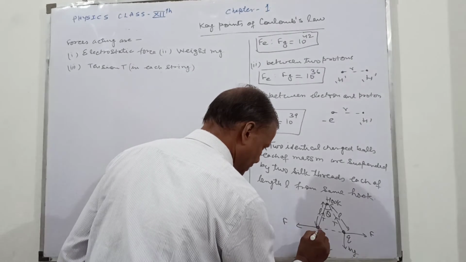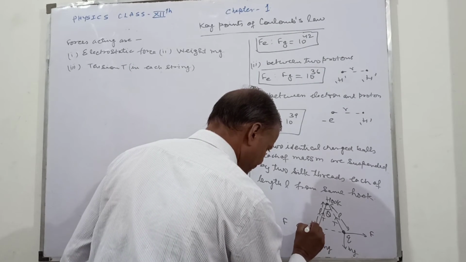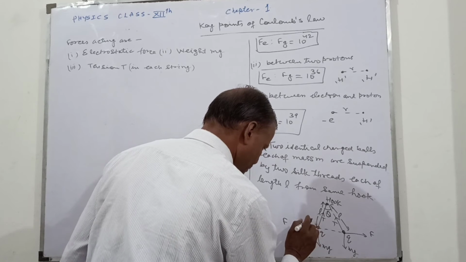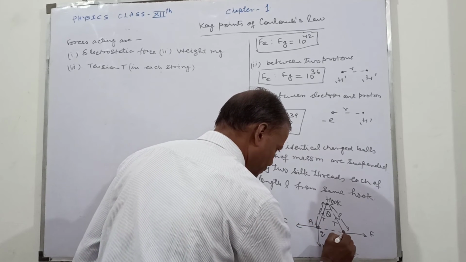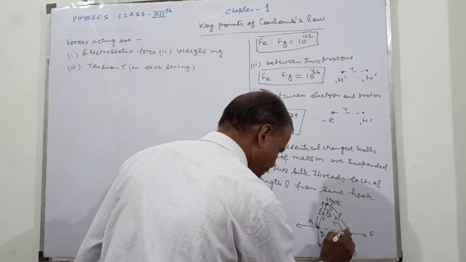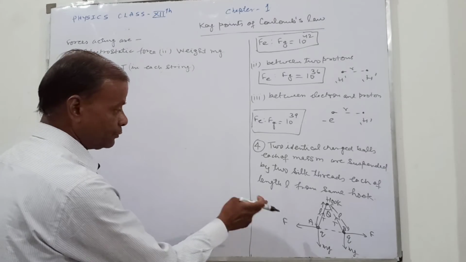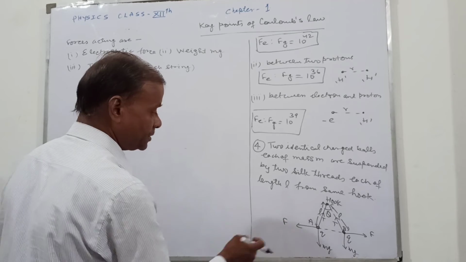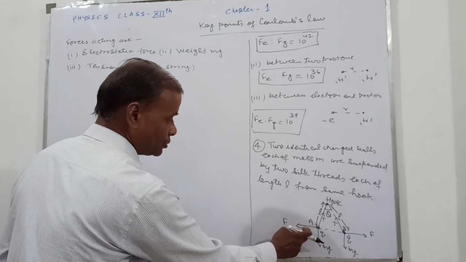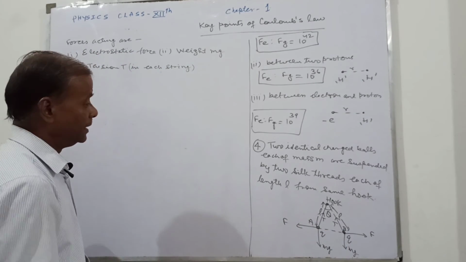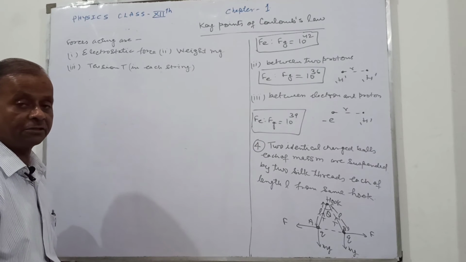This is suppose the point A, and this is now point B. Then you can see that the three forces are acting on this charge also and on this charge also, and both the charges will repel each other.